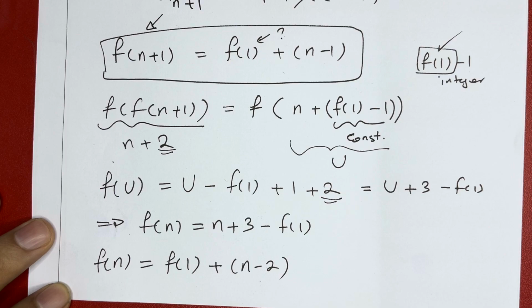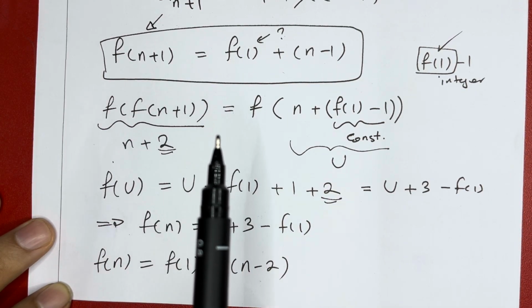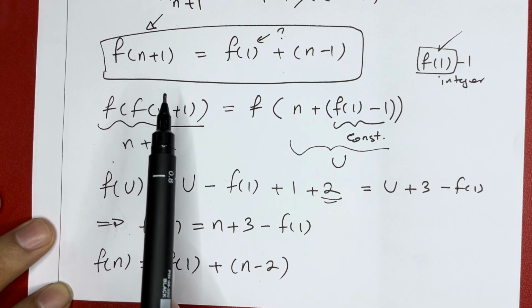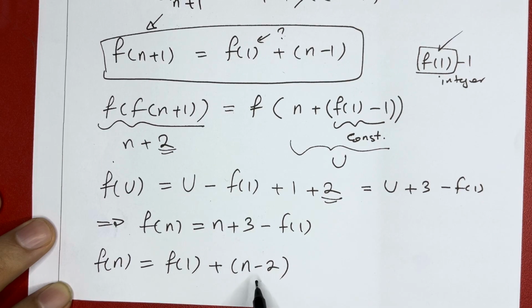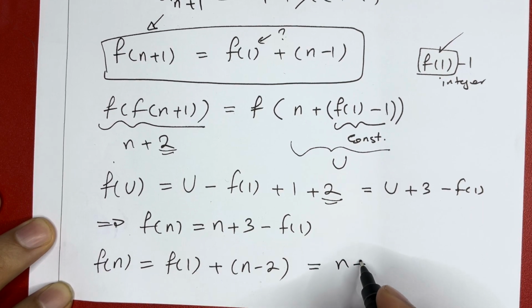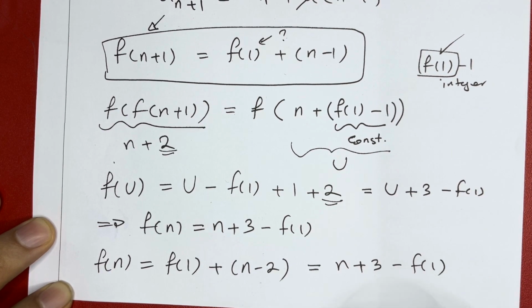So we know that f of n plus 1, which is f of n plus 1, is going to be f of 1 plus this guy, which equals n plus 3 minus f of 1.